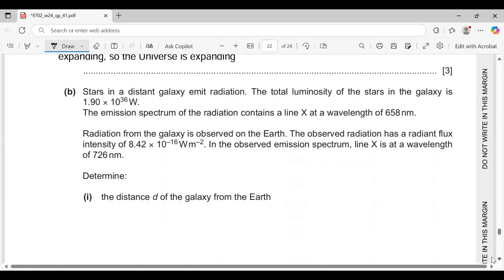The observed radiation has a radiant flux intensity of 8.42 times 10 power minus 16 W per m squared. In the observed emission spectrum, line X is at a wavelength of 726 nm. Determine the distance d of the galaxy from the Earth.